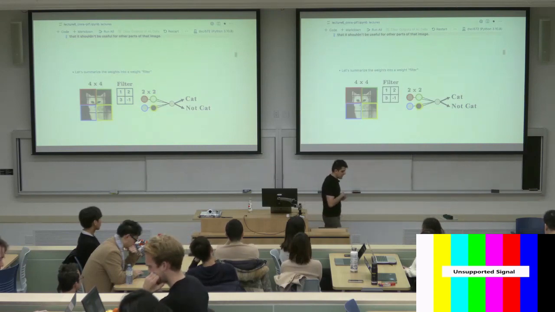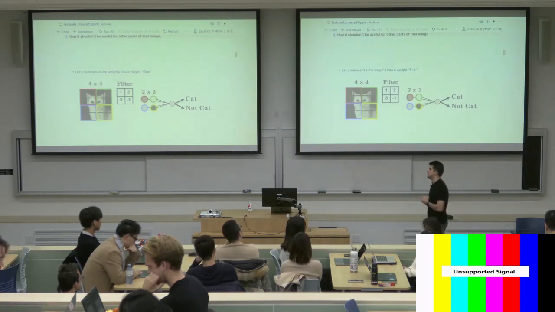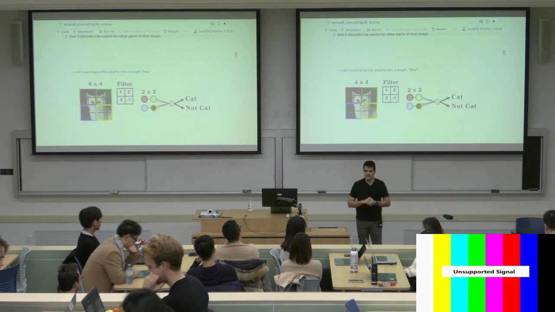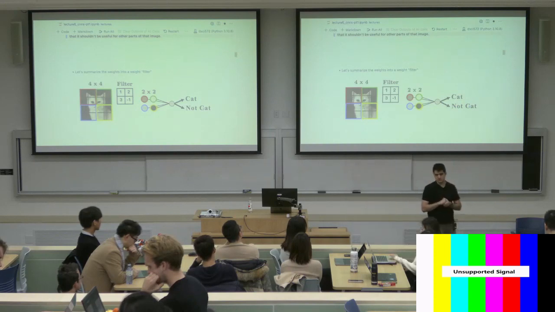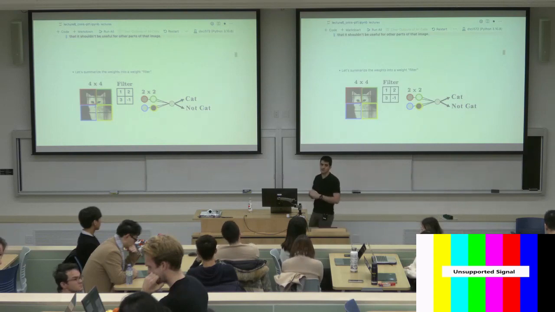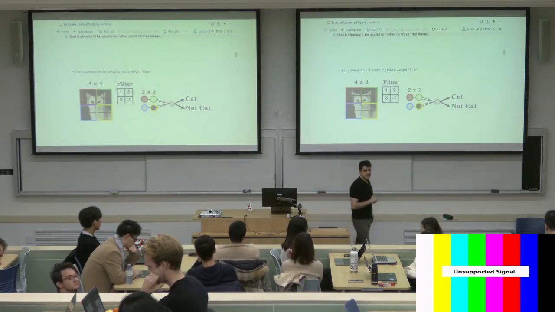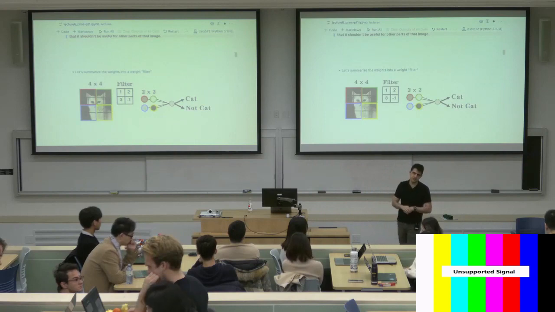So instead of doing that, we say if a group of neurons are specialized in detecting some certain features in a part of an image, there's no reason to believe that those same neurons cannot detect the same features in other parts of the image.